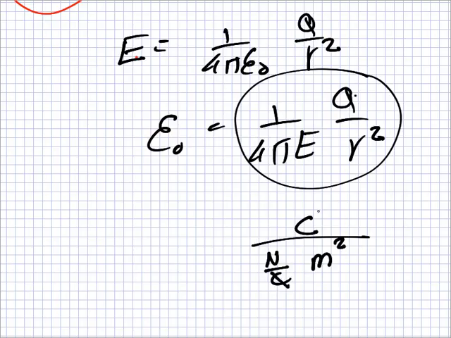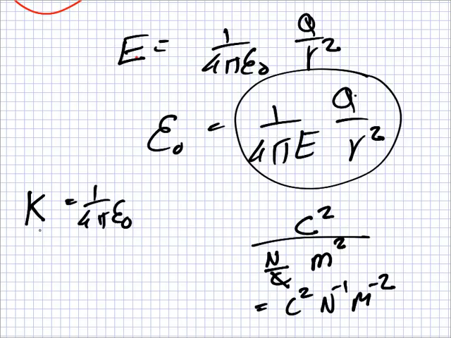So I can take this up to the top, and it's coulomb squared per newton meter squared. That would be the units for epsilon 0. By the way, if you're using K, the units for K would be reciprocal, because K is upside down: newton meter squared per coulomb squared. I think it's worth noting that.